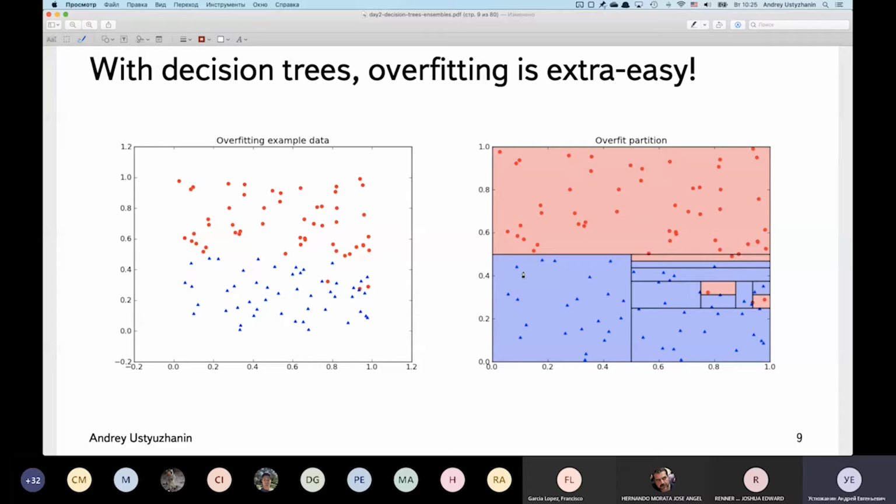But if you run the decision tree algorithm long enough, so you make many splits, you could create such a split scheme that would cut small patches of the surface that would contain only items of a certain color. And on the training sample, the accuracy of such a splitting scheme will be ideal. It will be just 100%.